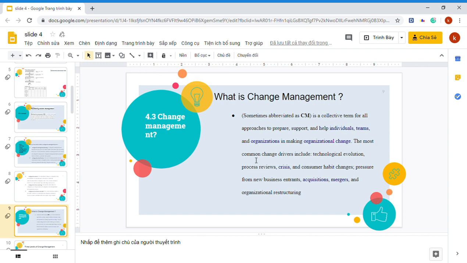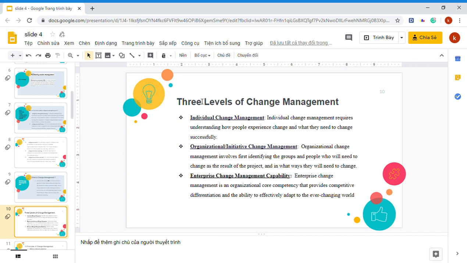The most common change drivers include technological evolution, process review, crisis, and consumer habit change, research from new business trends, actors, members, and organization restructuring.